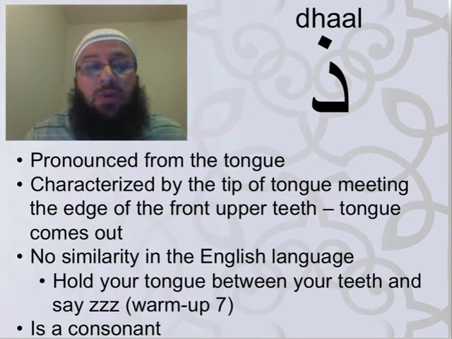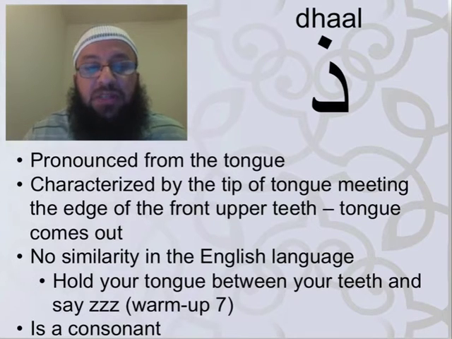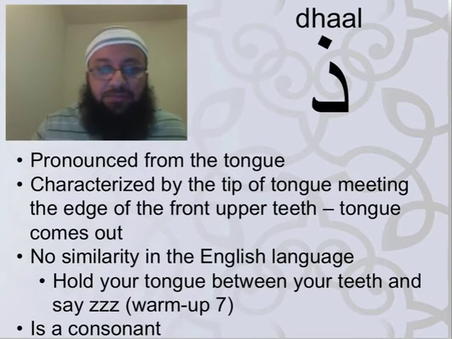So this is how the warm-up goes: th, th, th, th, dhal, dhal, dhal. That's why I have you not stick your tongue back in. I need your tongue sticking out when you pronounce that Z. I hope that's clear. And this is a consonant.